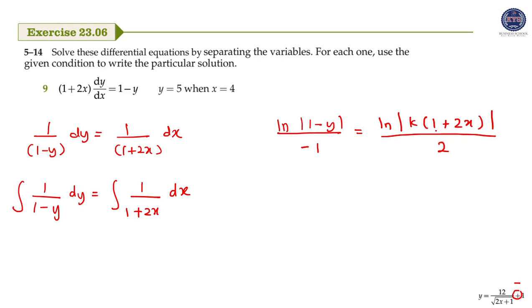When you multiply two functions inside the logarithm, actually you can separate them by putting an addition between the two functions. It's going to be like this, which is negative 2. I bring this 2 to the other side, so it becomes negative 2. This is negative 1, so actually negative ln. Okay, ln modulus 1 minus y equals ln k plus ln 1 plus 2x.